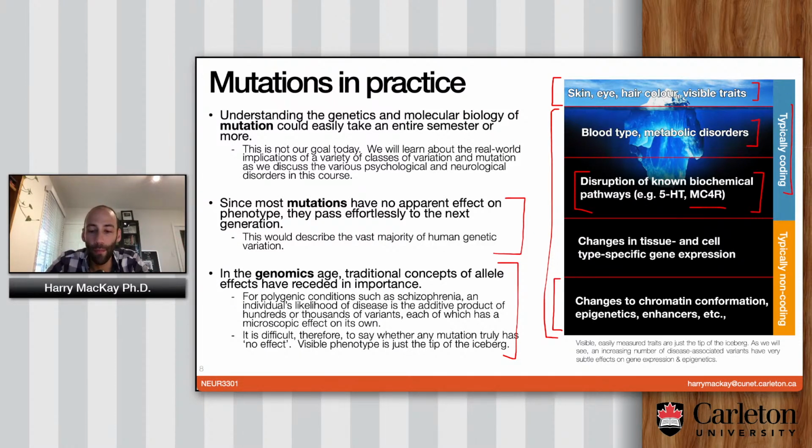And then hidden below this, you have the non-coding variants, which vastly outnumber the coding variants. Your exons only make up about 1% of your genome, and variants to exons tend to be selected against. So coding variants that really influence the sequence of a protein in a deleterious way are extremely rare.